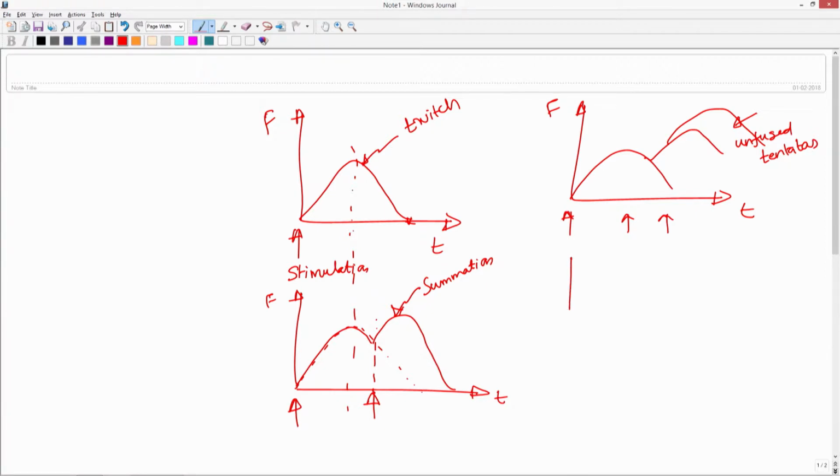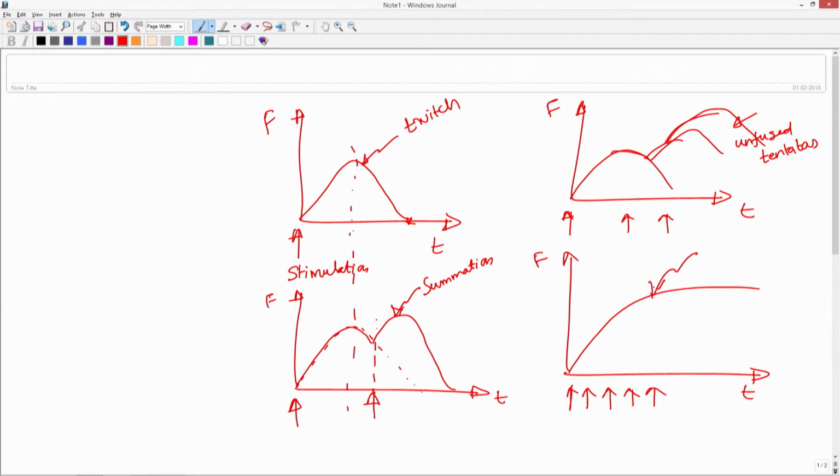So, if I continuously apply stimulation, what happens? I am not continuously, very frequently I am applying stimulations. So, what is going to happen is there is not going to be discontinuity, it is going to be continuous and reach a force over here.